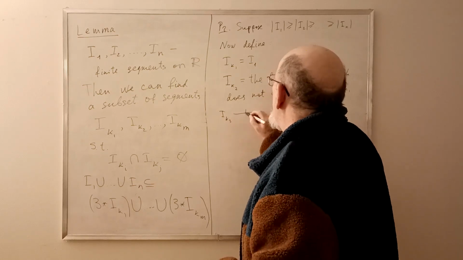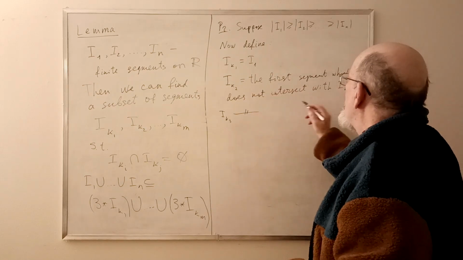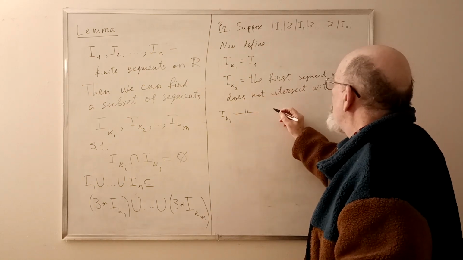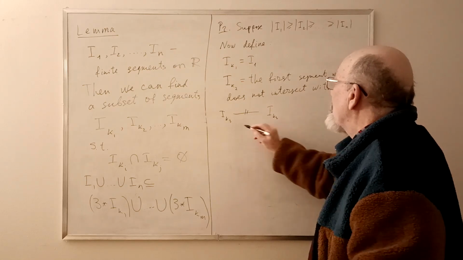I K3 is the first segment which does not intersect with I K2, and so on.